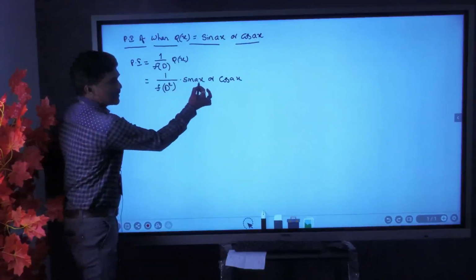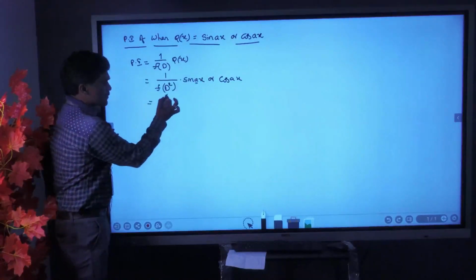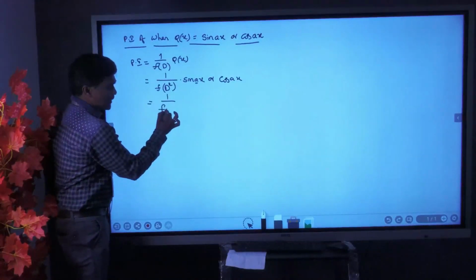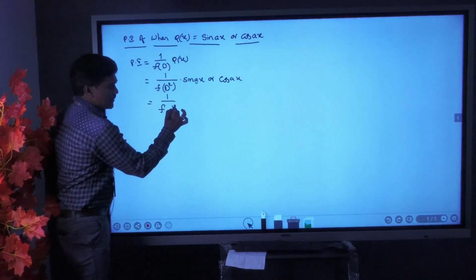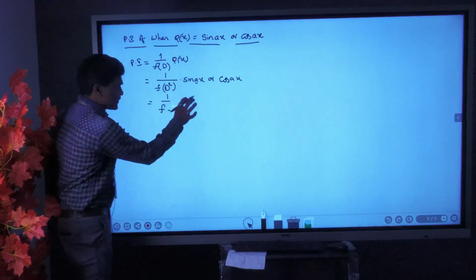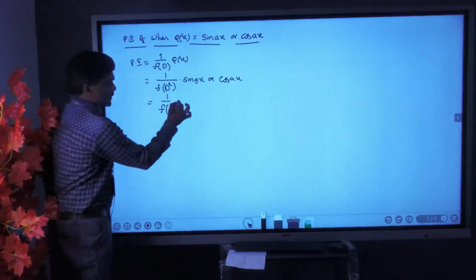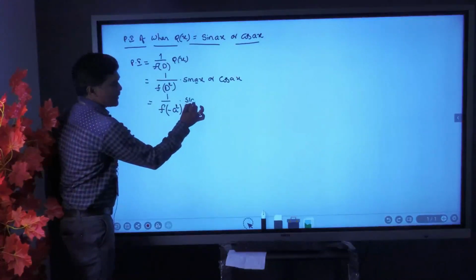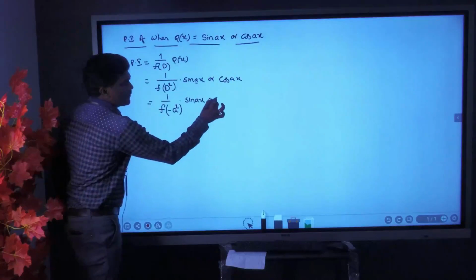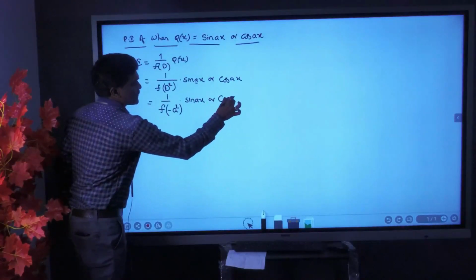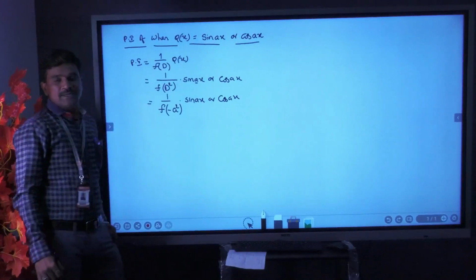So what is a here? Now write, here replace D square with minus a square, into sin ax or cos ax. So this is the particular integration.